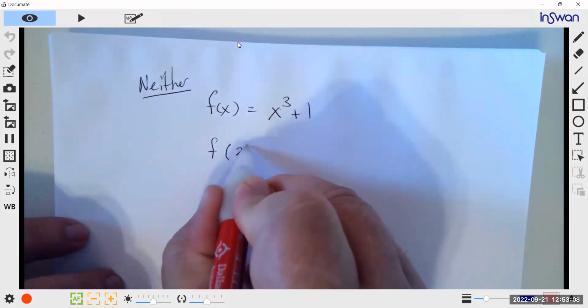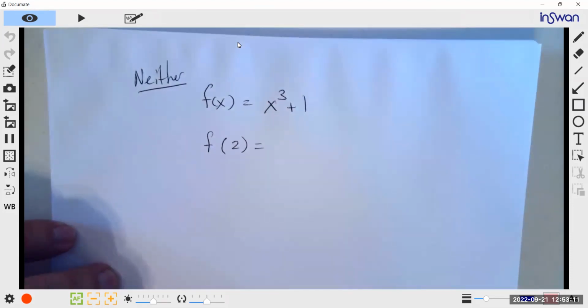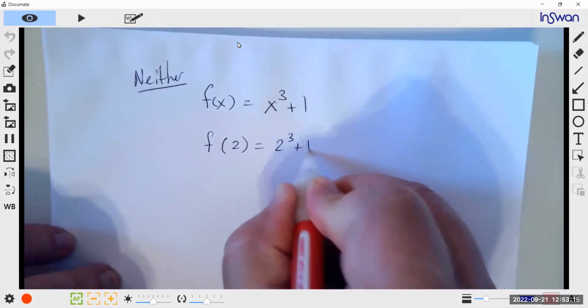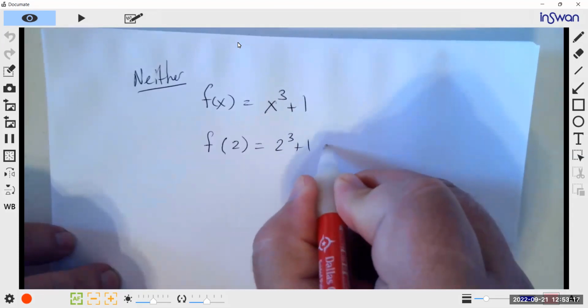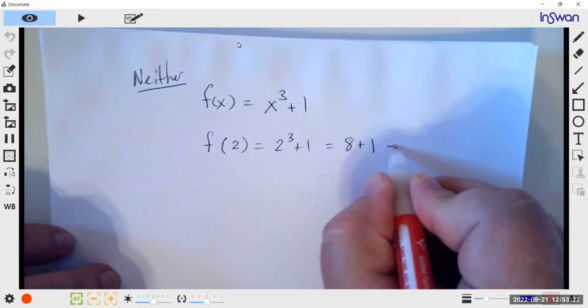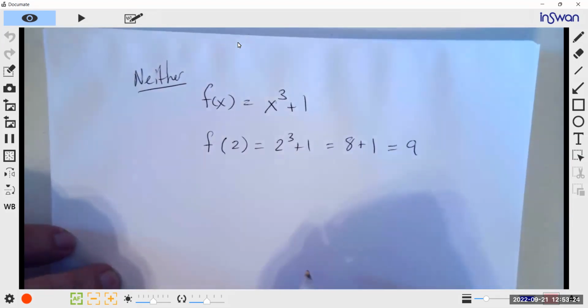So if we plug in 2 inside here, we have 2 to the third plus 1. 2 to the third is 8. 2 times 2 times 2 is 8, plus 1 is 9.